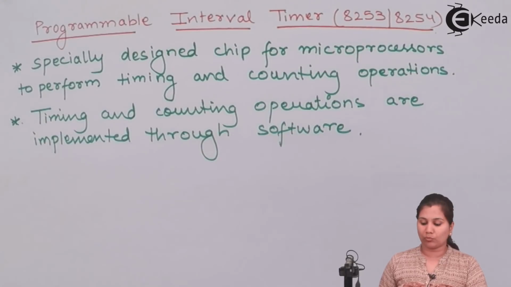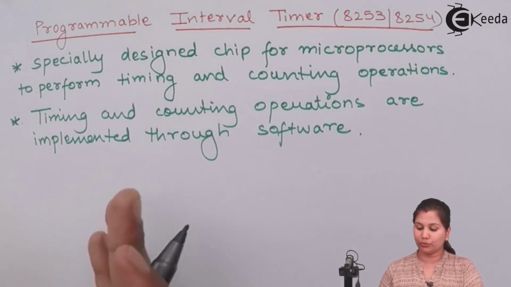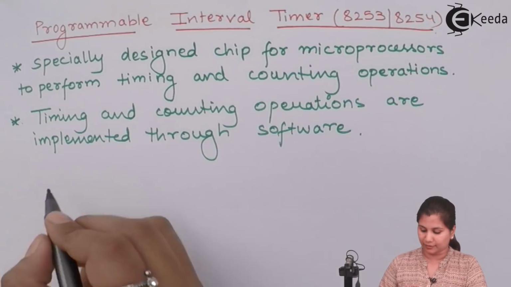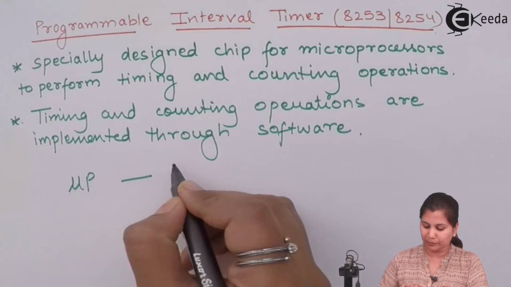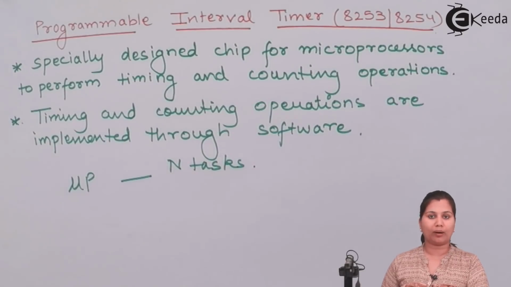So now comes the question: what is the need of this programmable interval timer? Why does the microprocessor need the use of this chip? Let's take an example. Suppose the microprocessor is performing n tasks, and after the completion of one task, it wants some time delay.